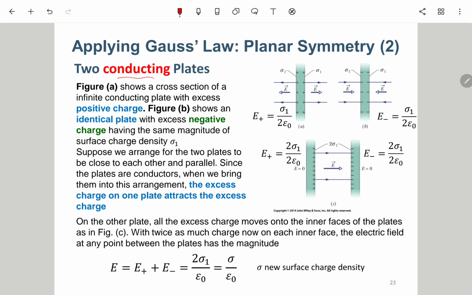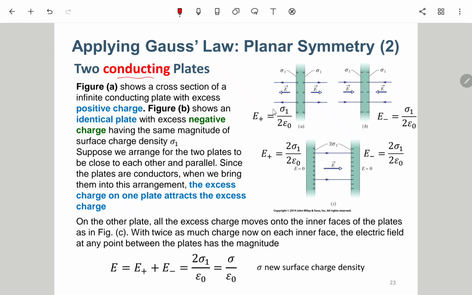This structure is actually a type of capacitor.